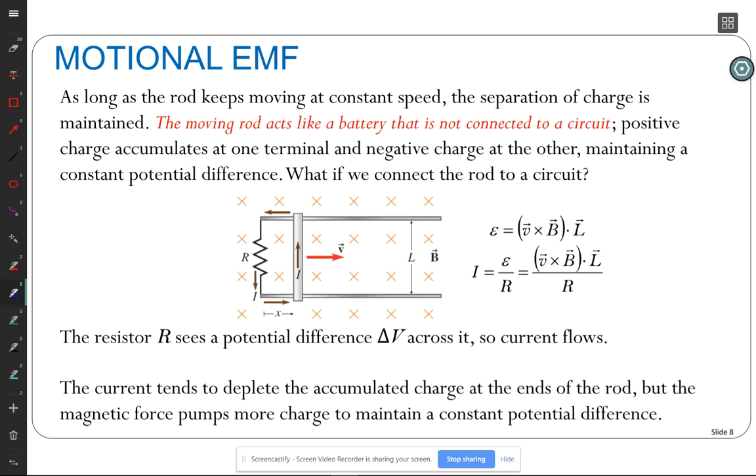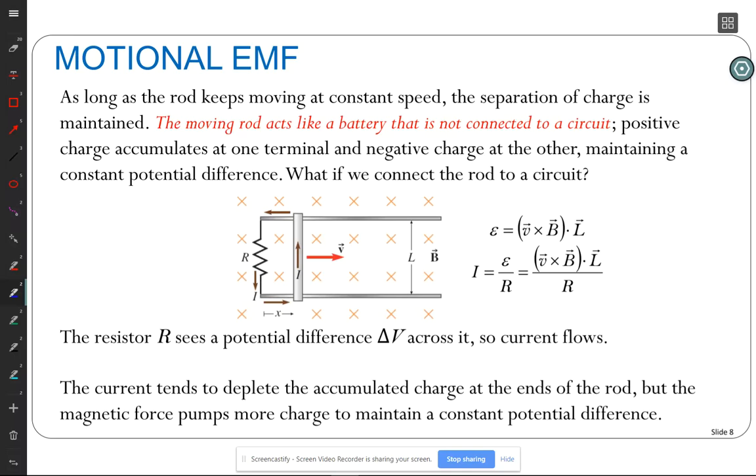If you're doing something and you have to use this form, if they're not all the right orientations, do this calculation first: find the angle between V and B, use the right-hand rule to find the direction of that resultant, and then find the angle between this resultant and the length. And remember, with the dot product, it's the magnitudes times the cosine of the angle between them.